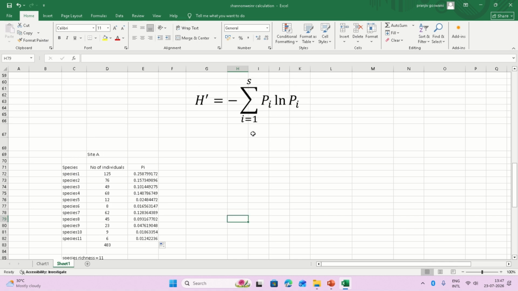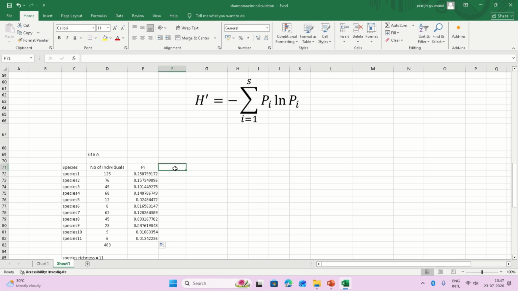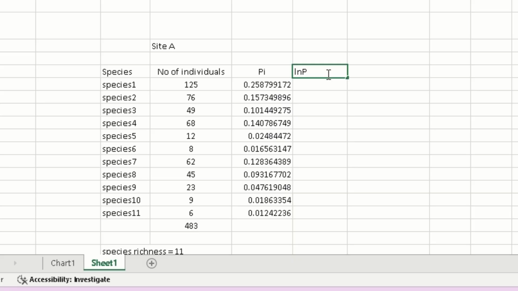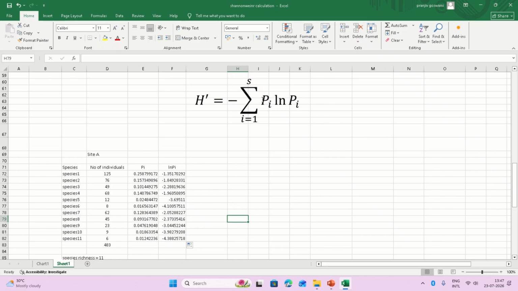So now we will find out the natural logarithm of Pi, that is ln Pi. Okay, now we can copy this formula to the remaining cells to obtain the respective values. So now we need to multiply this value by this value.